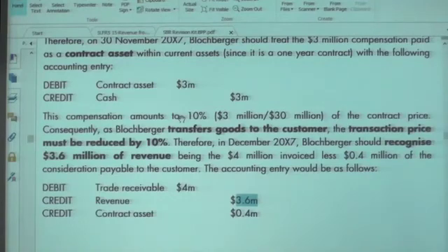The percentage of the consideration paid on the total price shall be amortized against the contract asset, because once you paid the consideration, you have a contract asset, right? Shall be amortized against the contract asset without recognizing revenue.